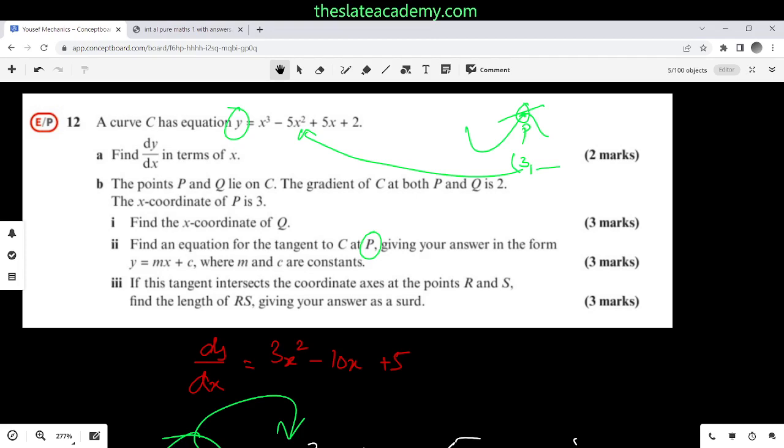First I'll write finding the y coordinate of P. I'll put y is equal to 3 cubed minus 5 into 3 squared plus 5 into 3 plus 2.